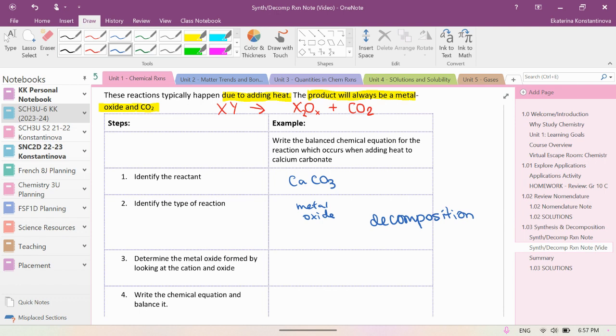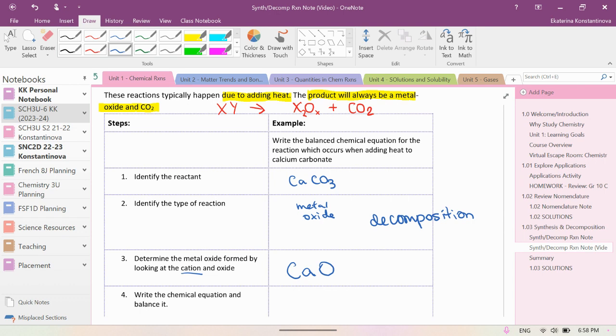Determine the metal oxide formed by looking at the cation, the metal, and the oxide. The cation is going to be calcium. The oxide, which is oxygen, so we need to pair it with an oxygen. Check our charges. Calcium has a charge of 2 plus. Oxygen has a charge of 2 minus. Crisscross and simplify, you get CaO.